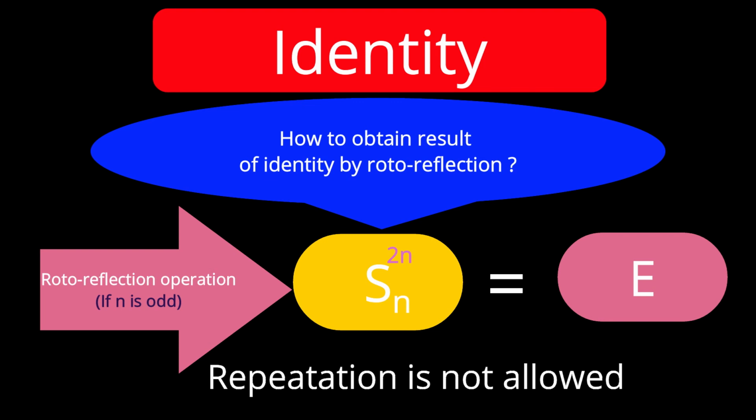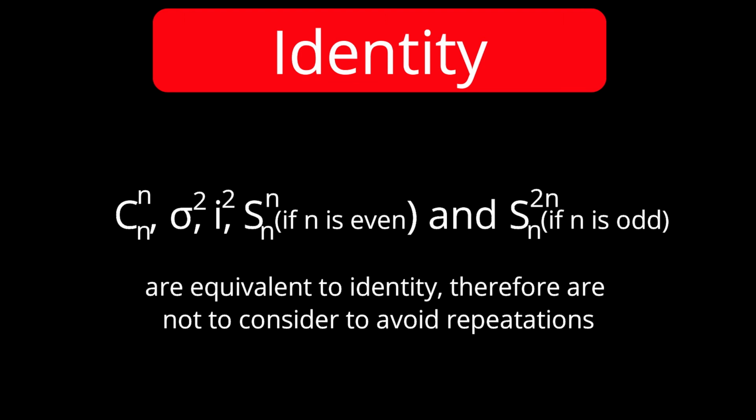What I want to say from this discussion is that the result of the identity operation can be achieved by each and every possible element of molecular symmetry, and an operation which brings the result of identity should not be counted again. It means Cn^n not to consider, sigma 2 not to consider, i^2 not to consider, Sn^n if n is an even number not to consider, Sn^2n if n is an odd number not to consider.